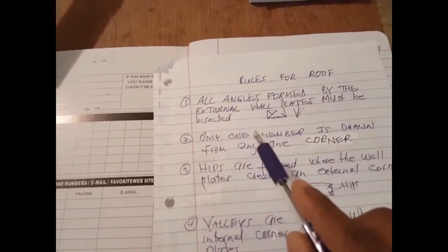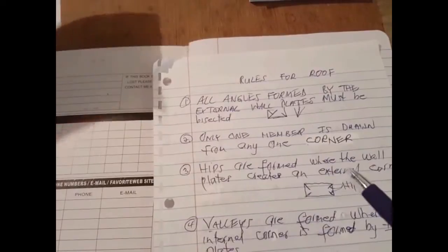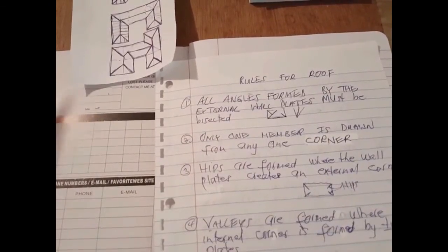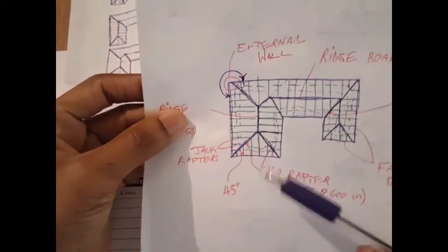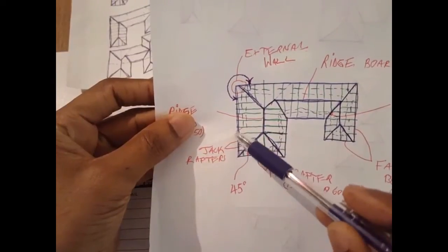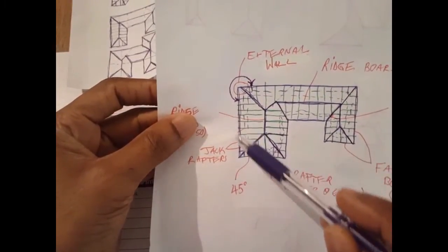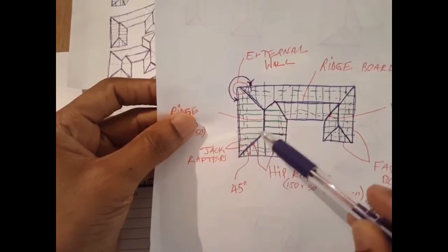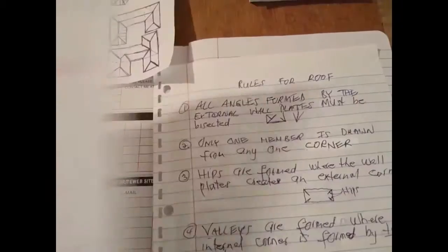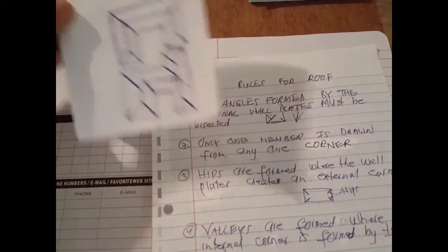Very important. What do we mean by that? Say here is a rafter, and the angle that is formed here must be bisected. If it's at a 90-degree angle, we typically draw it at 45.